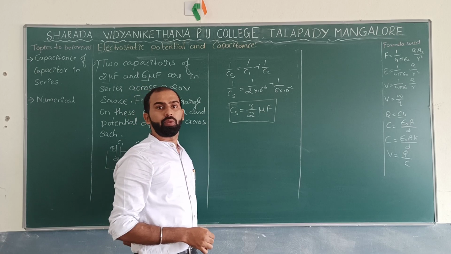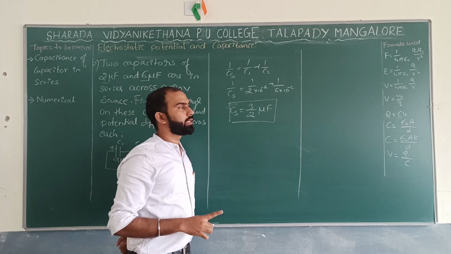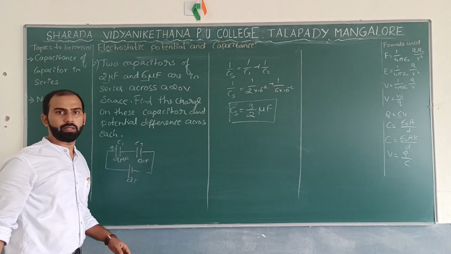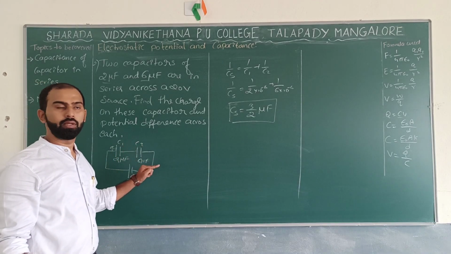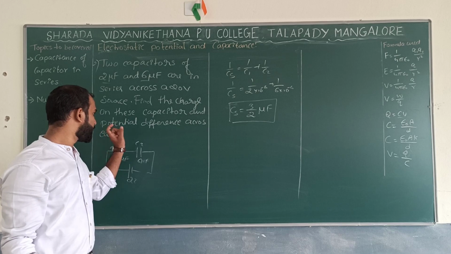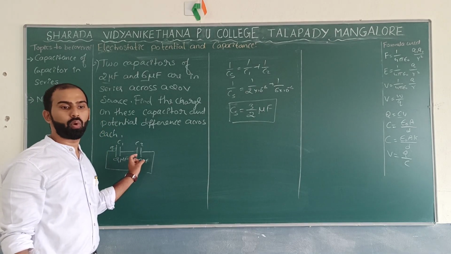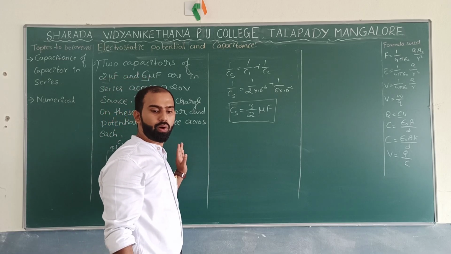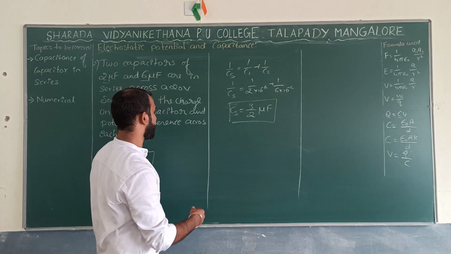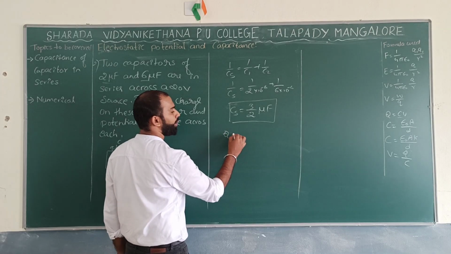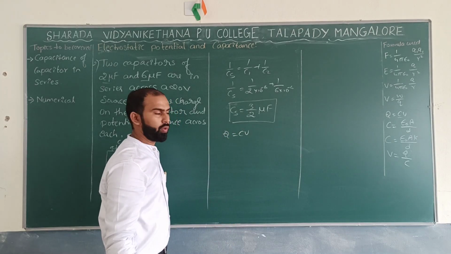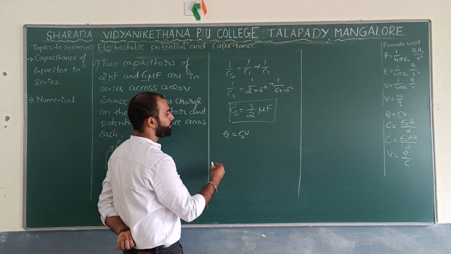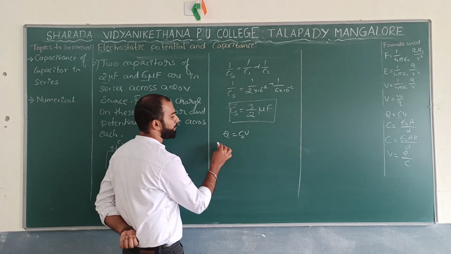Now we are supposed to calculate the charge on each capacitor. Since they are connected in series, the charge on this as well as the charge on this is the same. So we get the charge on this particular capacitor: Q is equal to CV, correct? Cs into V. What is the charge on the capacitor I can expect?